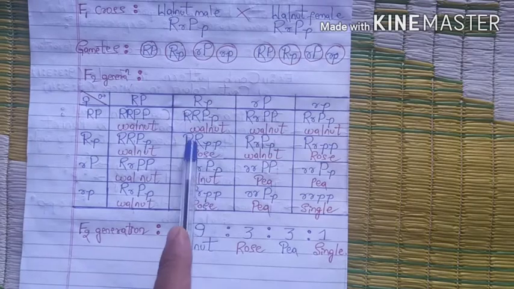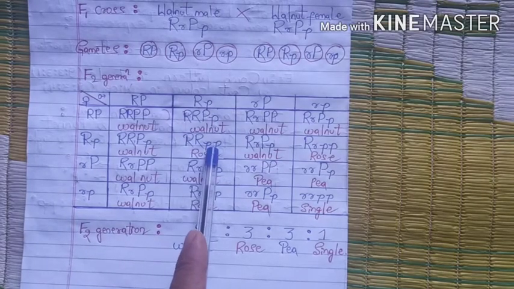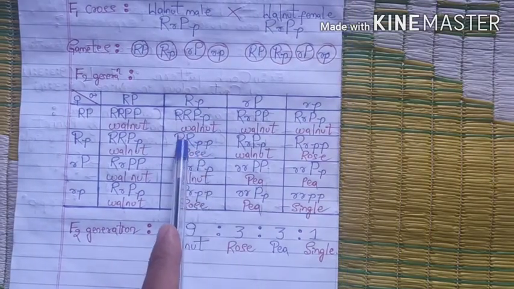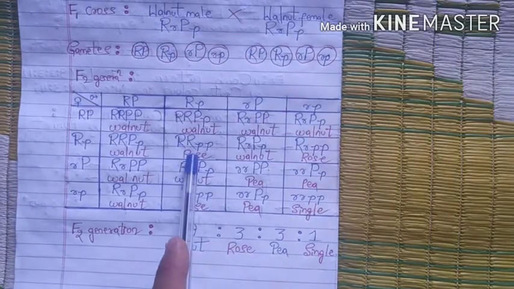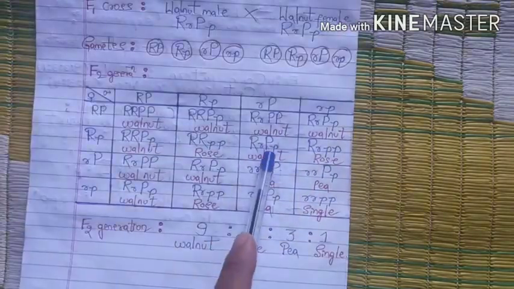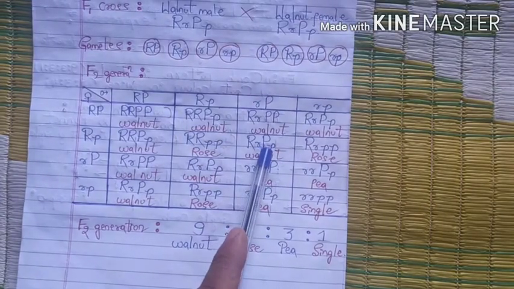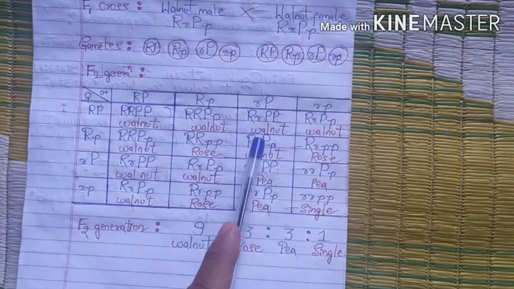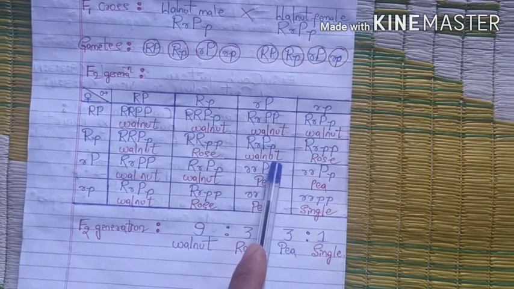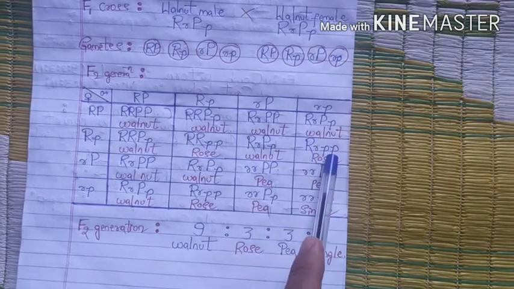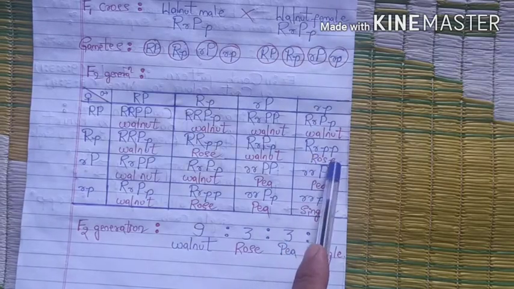But now you can see here, only capital R is there, both are small p, therefore only the dominant gene R is expressed. We know that R stands for rose. Now here, capital R, small r, capital P, small p, both capital R and capital P are present, both genes are in dominant condition, so that is walnut. Similarly, only capital R is there, therefore rose.